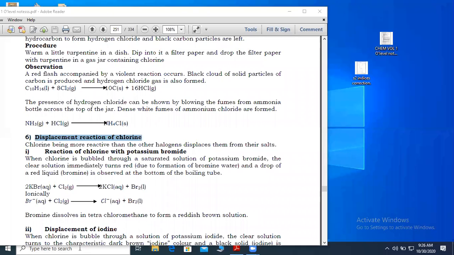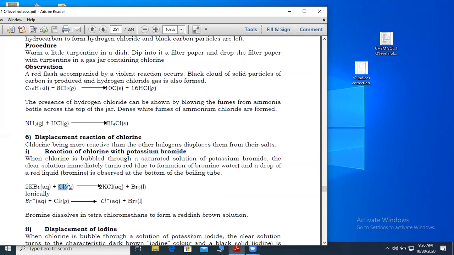Okay? So I want to first show you what happens in displacement. For example, this is our chlorine gas, but we are saying it is more reactive than bromine. So first do like this. In your notebook, write order of reactivity. The first one is fluorine.